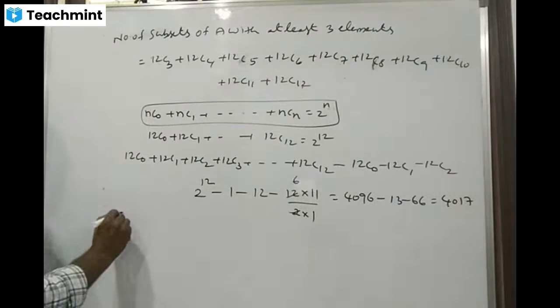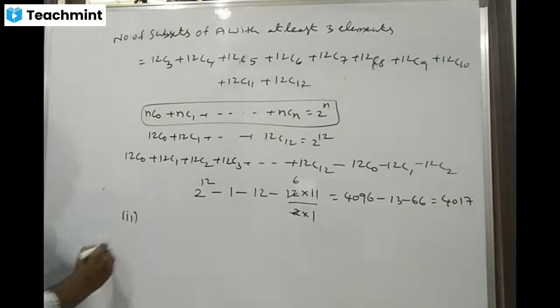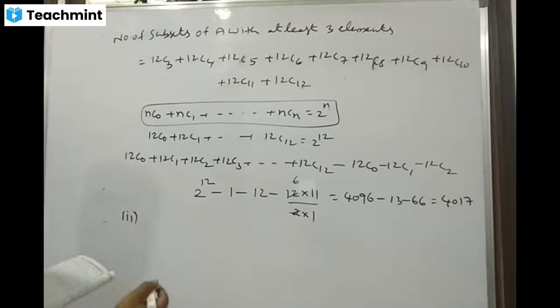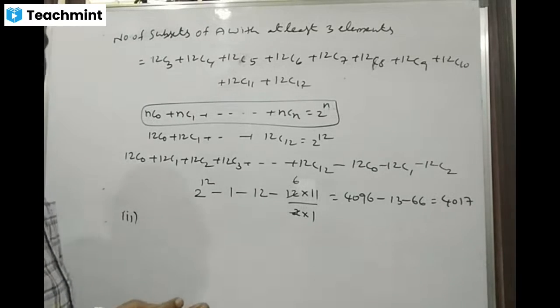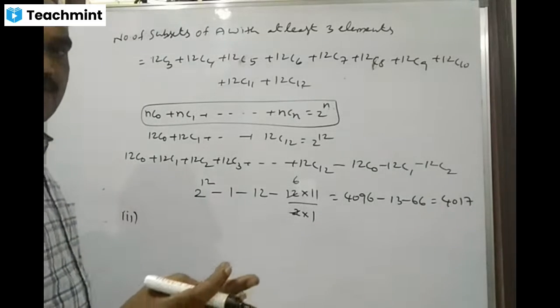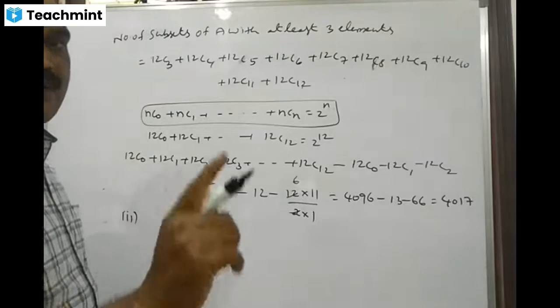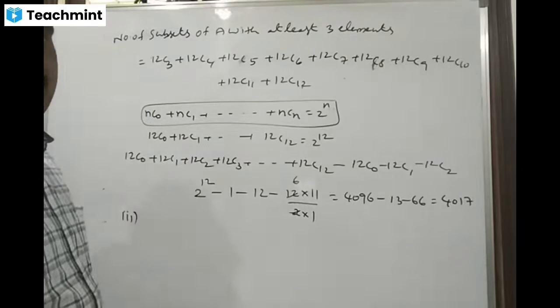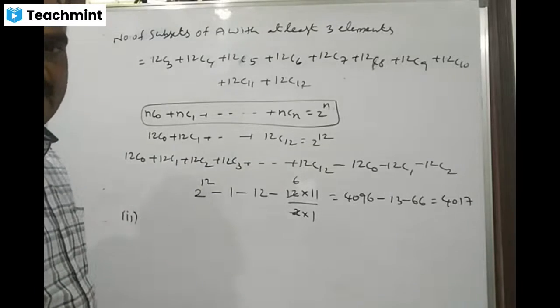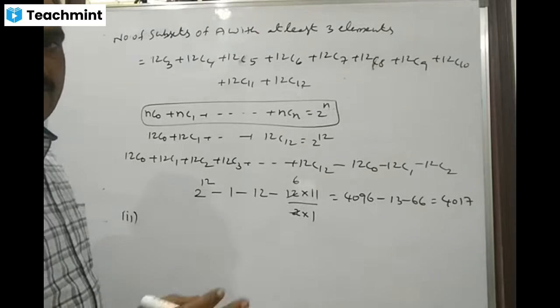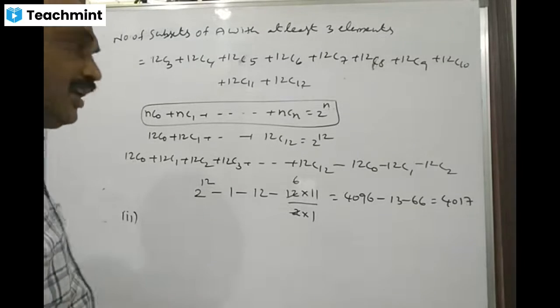Friends, third question, question number 3: at most 3 elements. At most 3 means 0 element subsets, 1 element subsets, 2 element subsets, 3 element subsets.